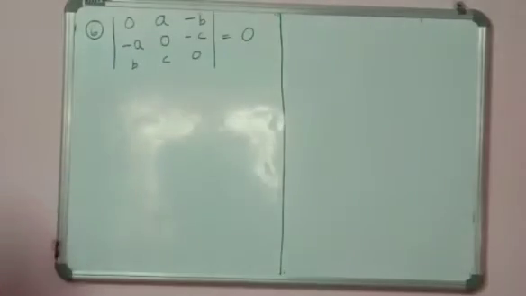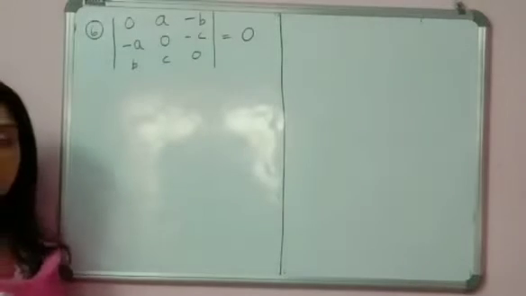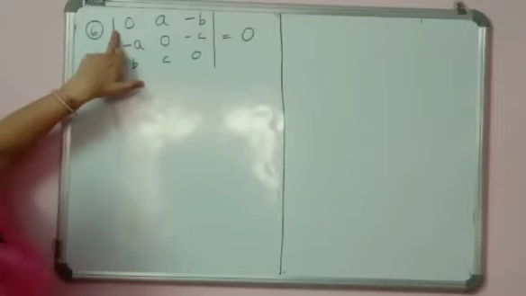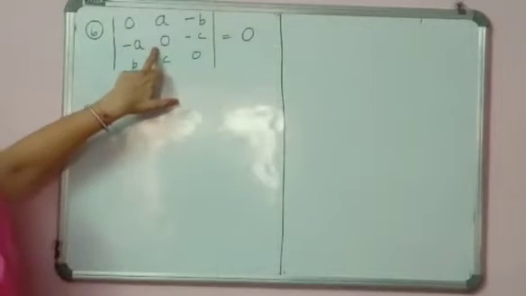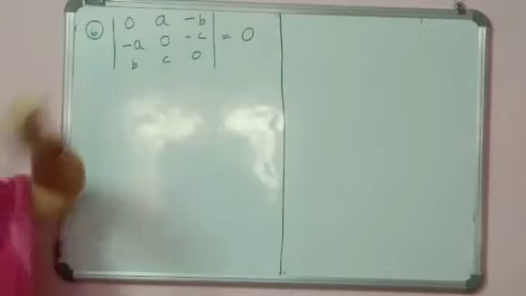So first you observe this determinant. You will find that here in the row 1, C is not there. In row 2, B is not there. In row 3, A is not there.